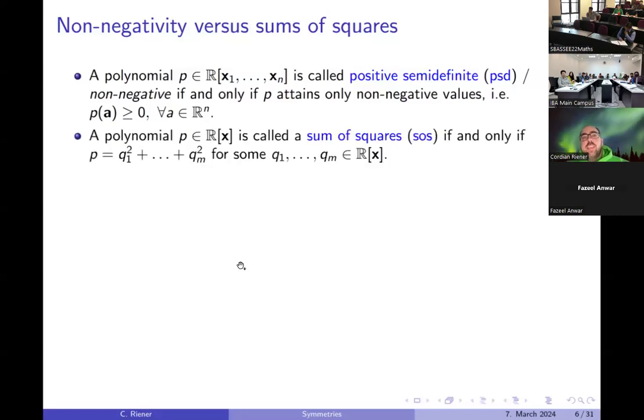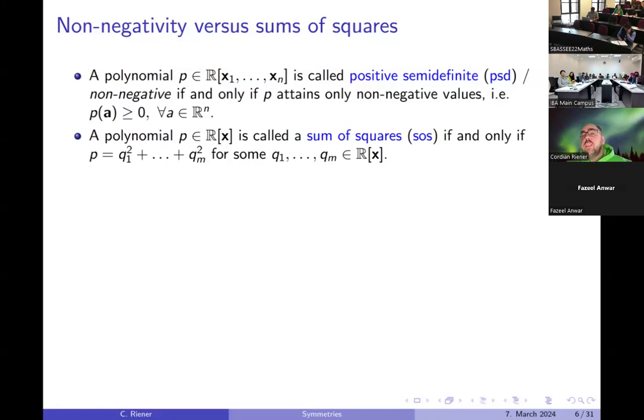But now I say that a polynomial is called a sum of squares, SOS. Also the name already hints to what it is, if it can be written as a sum of squares of polynomials. So if my polynomial p can be written as q1 squared plus q2 squared plus up to qm squared for some polynomials q1 to qm, I say my polynomial is a sum of squares.